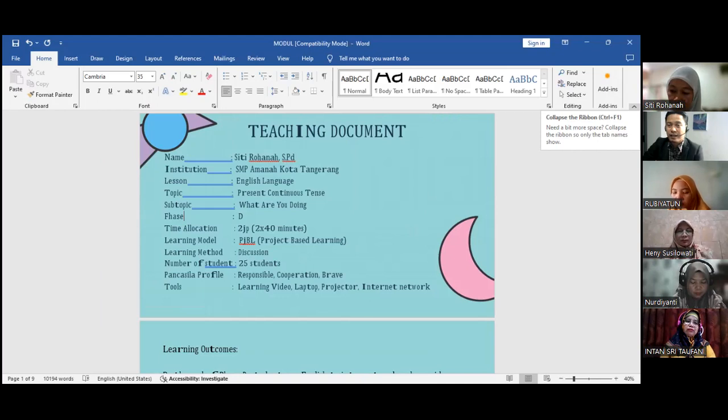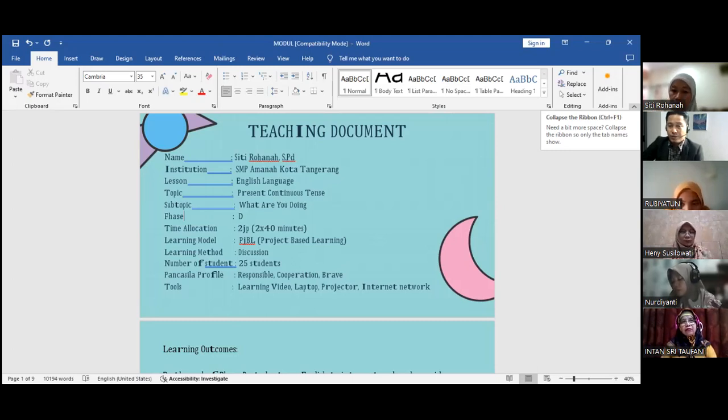That will be the title for this teaching document. Your teaching document consists of this learning module, and you're going to have 2 meetings. First meeting, if I'm not mistaken, will be on 18th of January, and the second day of the teaching practice will be on 19th of January.